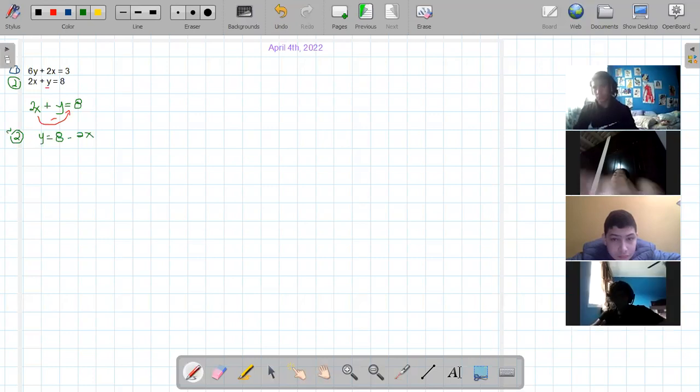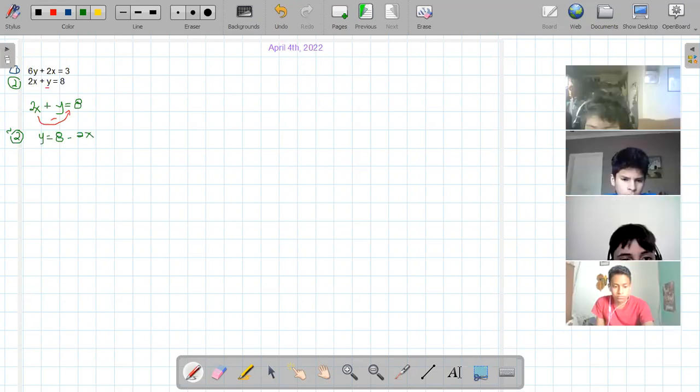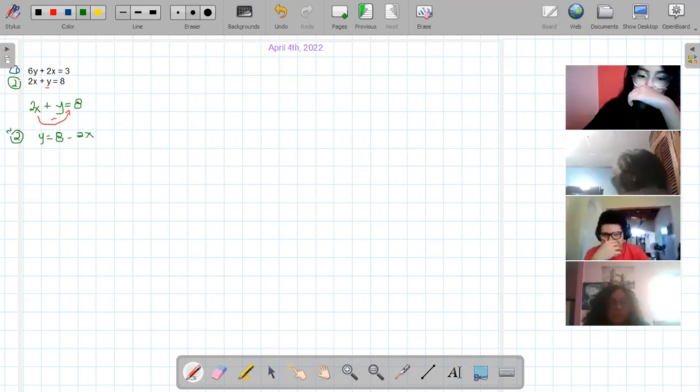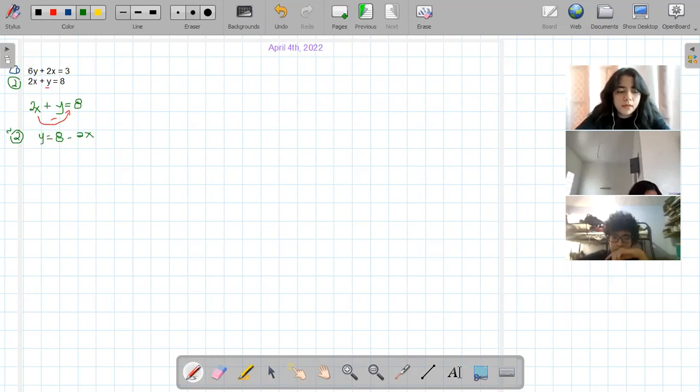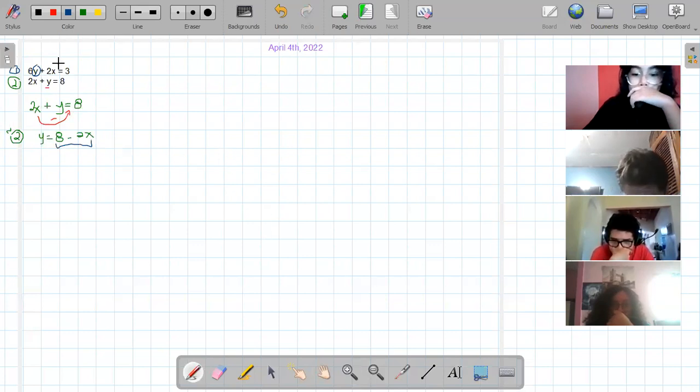So what are we going to do now? We are going to substitute what y is equal to into our equation 1. It means that instead of using y in this equation, I'm using what y stands for in my new equation 2. I'm going to place it in blue, and everything else will remain in black.